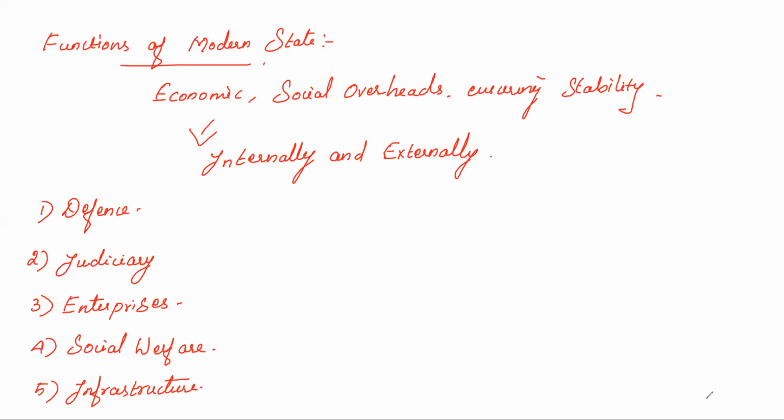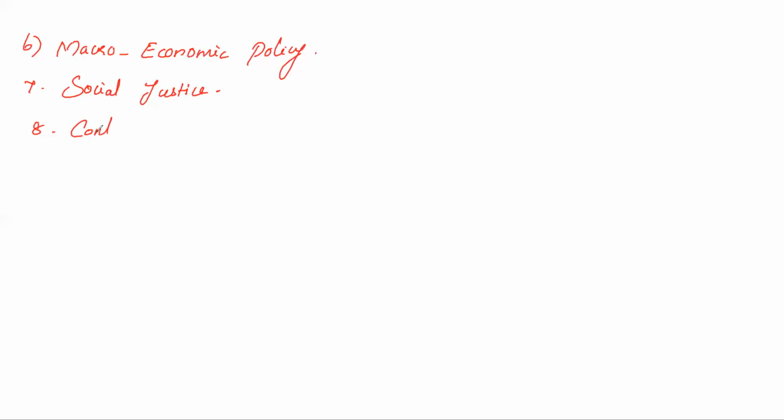Sixth one, macroeconomic policy. Then social justice. Eighth one, control of monopoly.